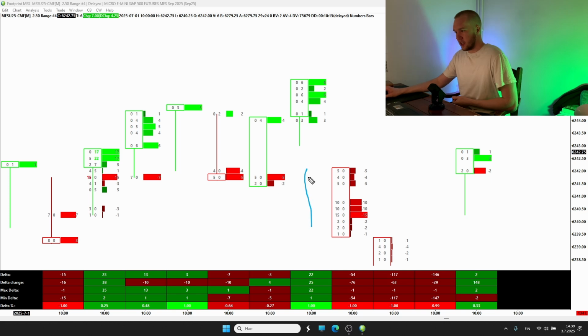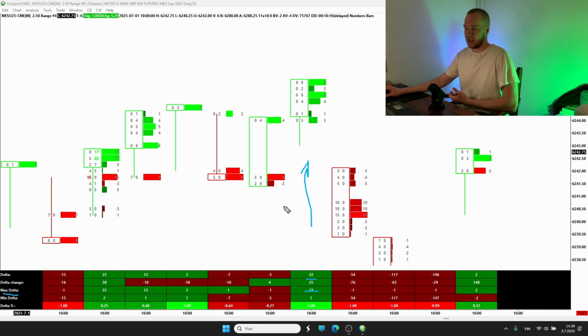So let's look at this footprint here firstly, and we have the delta of 22. Now obviously you can see that the only contracts that happened in this footprint were buy contracts, so no sellers came in. So that means that the delta is coming from all the buyers, and we have the max delta of 22, which matches perfectly with the delta.